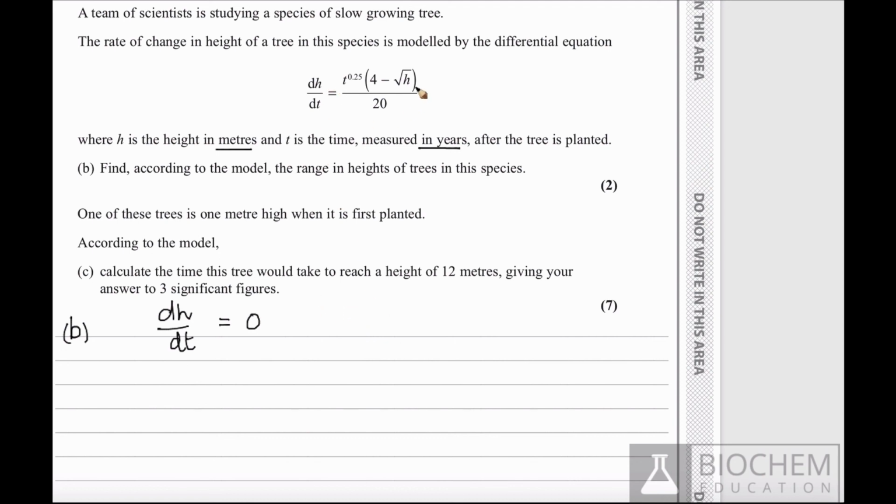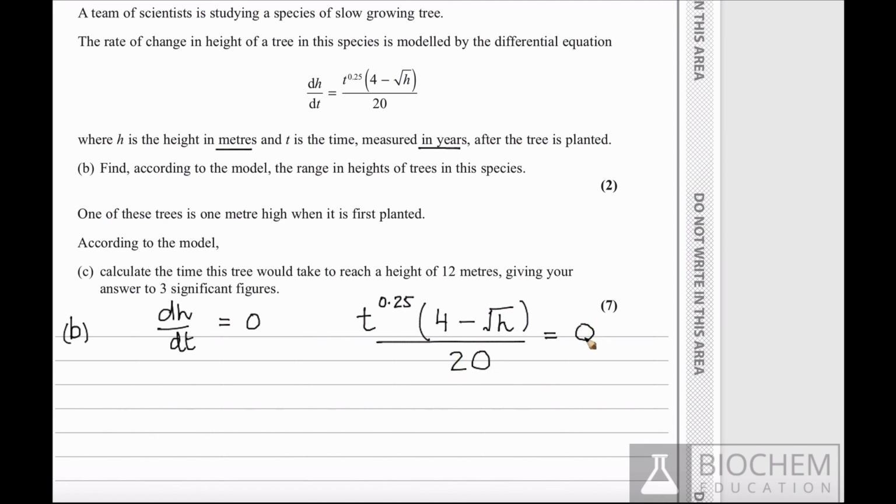And by equating this whole term to 0, we can say t to the power of 0.25 times (4 minus square root h) over 20 equals 0.